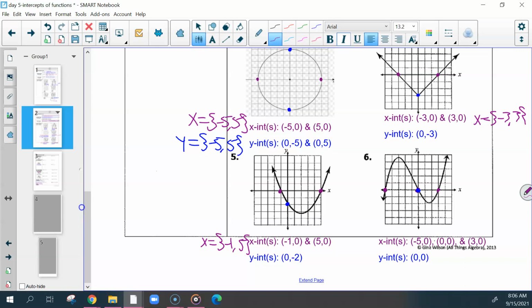You should really only have 1 y-intercept unless it's a circle or an oval, or an ellipse. Anyway, you guys know that, because then it wouldn't be a function. We're really only dealing with things that are functions. Questions on how to find intercepts on the graph?